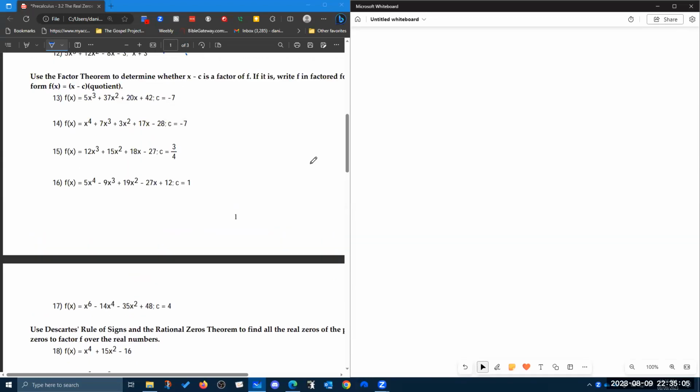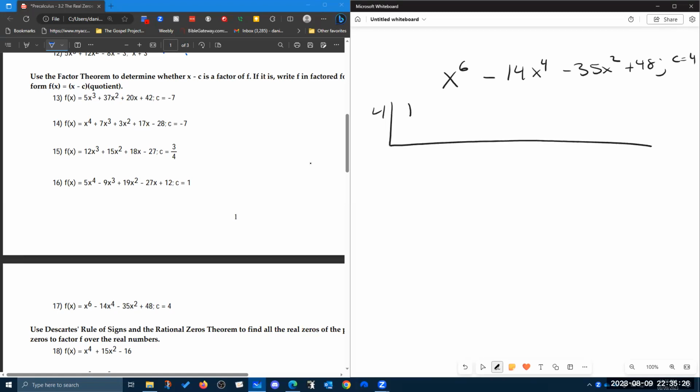And let's finish up with number 17 for today. 1, 0, negative 14, 0, negative 35, 0, 48.